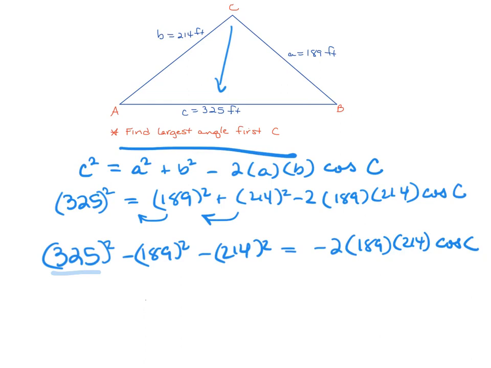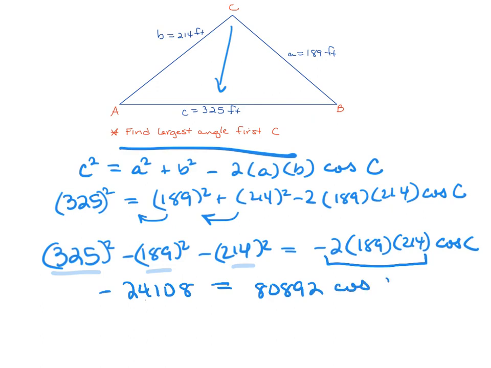So square, square, square, and then after I square them, I'm going to subtract. So then this is going to give me -24108. When I multiply these three, I'm going to get 80892 times the cosine of C. Actually, this is positive, this is the negative because of the -2.